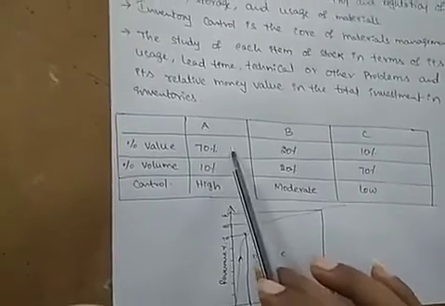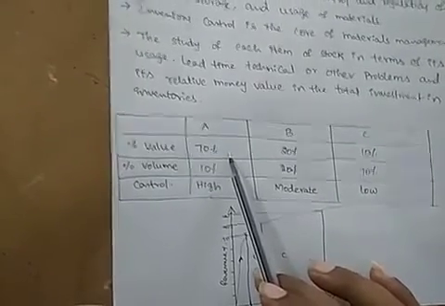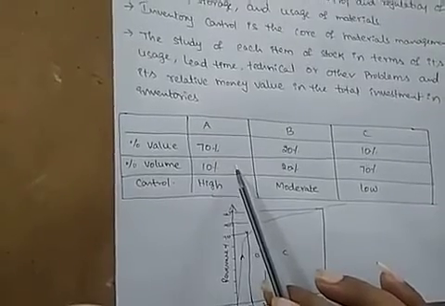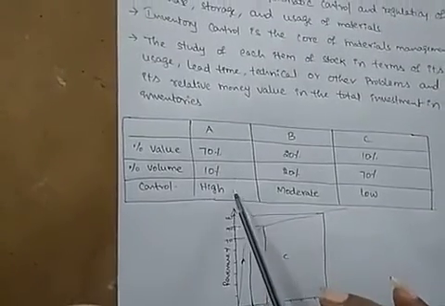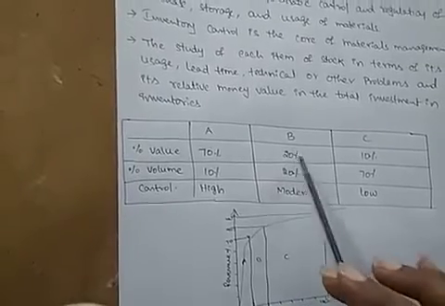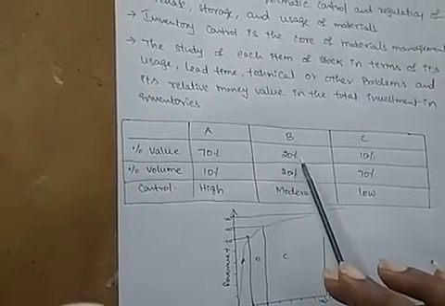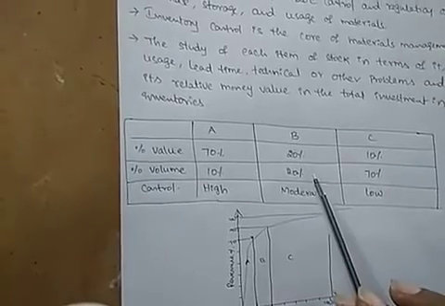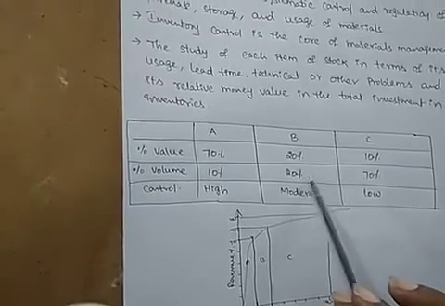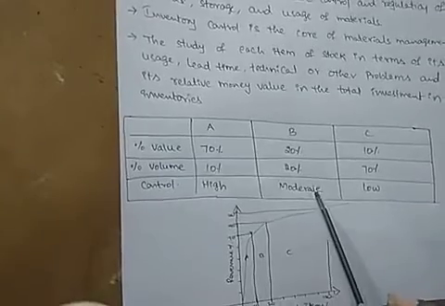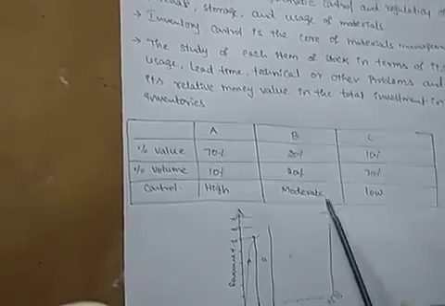Because we invest the total funds but receive only a low quantity of the materials, so the monitoring and controlling is high. Whereas in the B category, we invest 20% of the funds and receive 20% of the quantity of materials, so the need for monitoring is moderate or medium level.